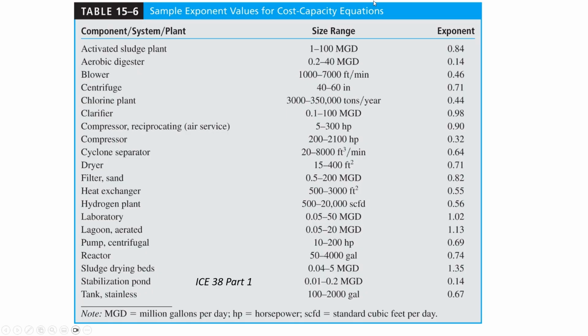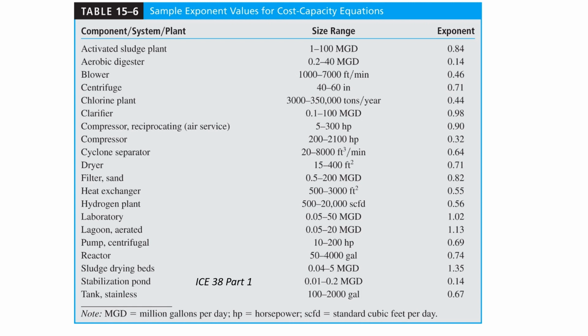So this shows correlating exponents for a variety of different water treatment plant equipment. So it's got correlating exponents you can see for chlorine treatment, for a clarifier. So most of the things on this list have a correlating exponent of less than 1, which means as you increase in size, it's becoming progressively less expensive on an incremental basis.